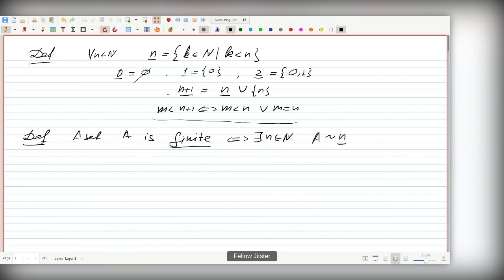Of course, it is quite an interesting question whether there may exist distinct numbers n and m such that for both these sets n underlined and m underlined we have that A is equivalent to them. Is it possible? Intuitively, it is not possible, but how can we prove it?